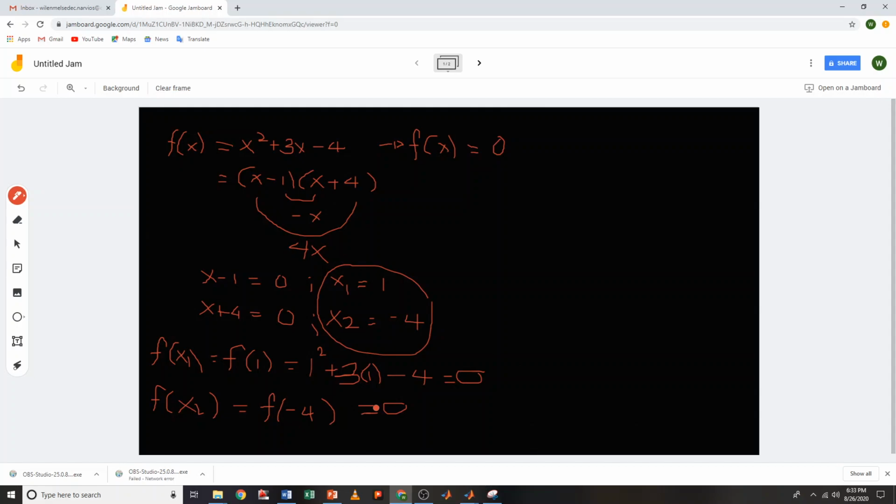Okay, now we have already learned how to find the root of a function directly using a solution method, for example, factoring.